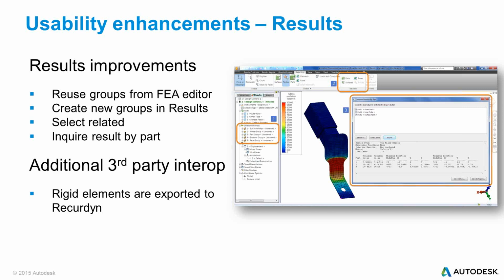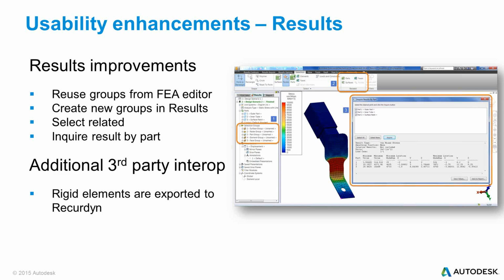We also improved the Inquire Results by Part tool. So that's the area marked as 3 in that picture. This tool now supports the smoothing function for displayed results. The dialog box also indicates whether interior results are included based on the state of the option for the visibility of the internal mesh within the ribbon.